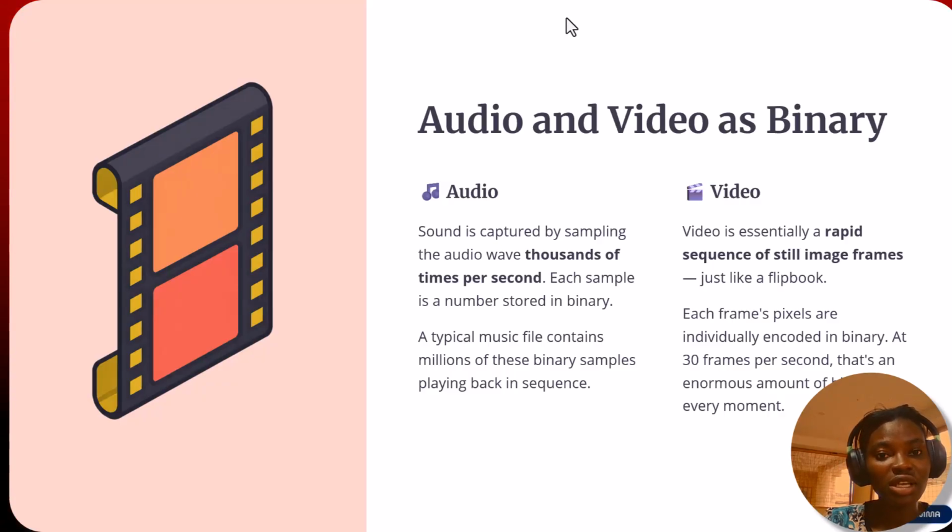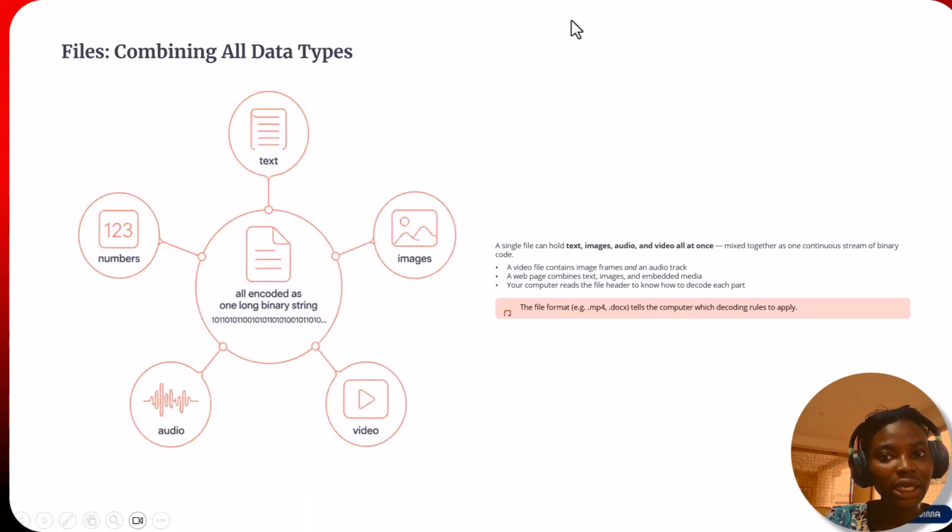Combining all data types, let's bring everything together. Computers can work with many different types of information. They can process numbers, text, images, sounds, and video. Although these types of information are different to us, computers represent them digitally. Numbers are represented using binary values.